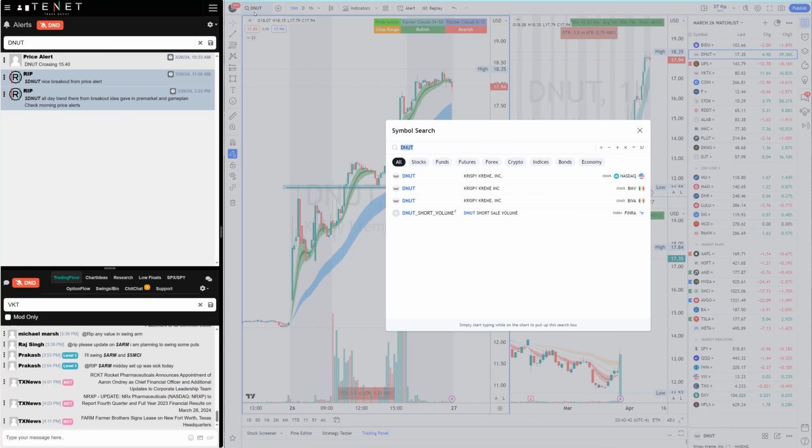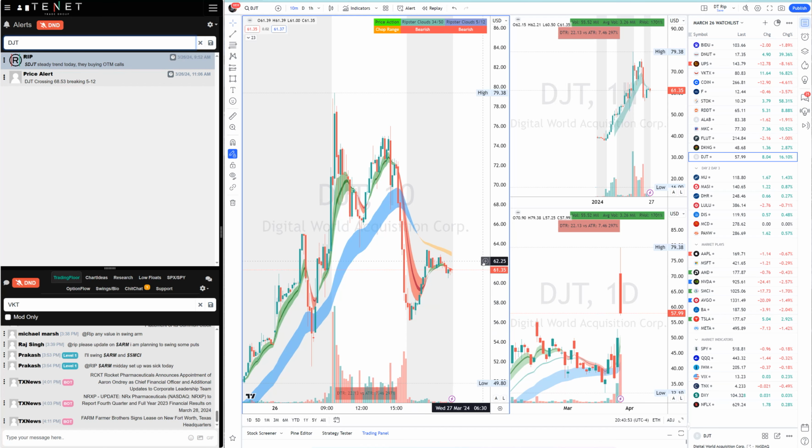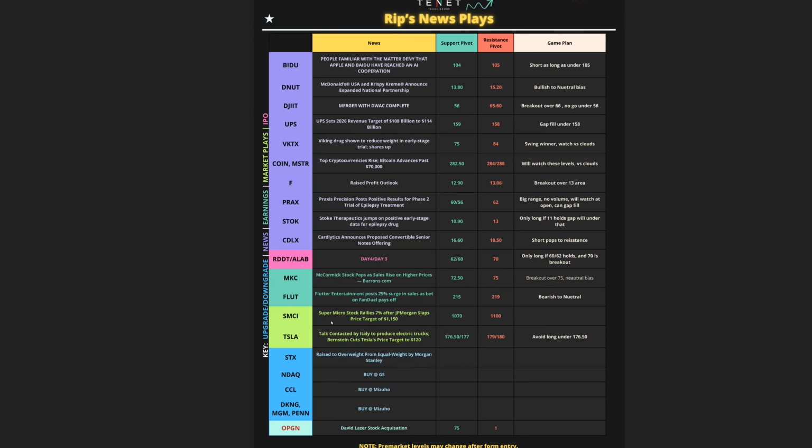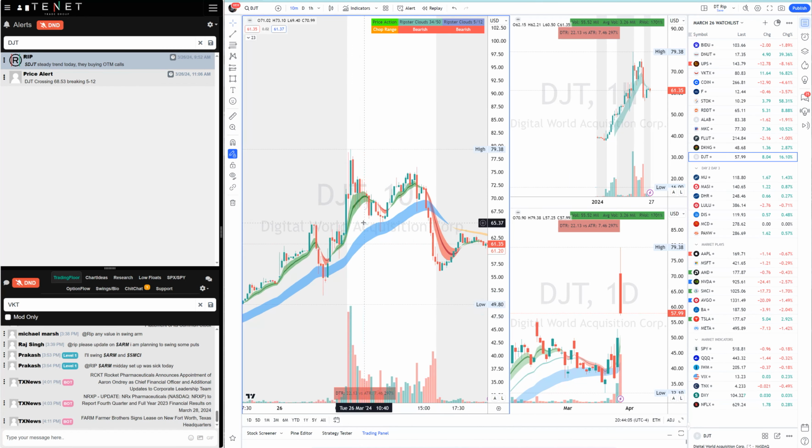Let's now look at DJT, the stock by Trump, DWAC, the merger today. It was pretty bullish right at the open. My level was 65.60, breakout over 66, no go under 56. Right away it broke out of that level at the open.